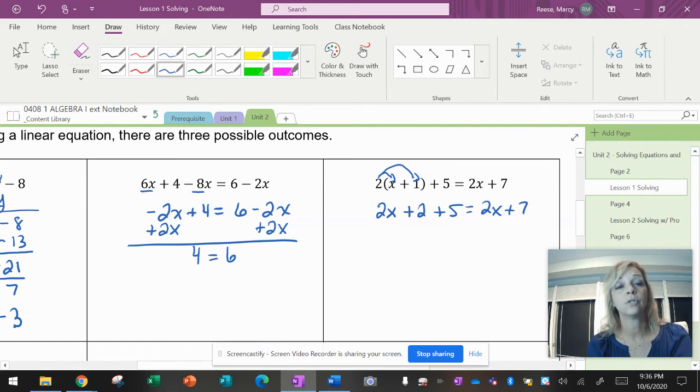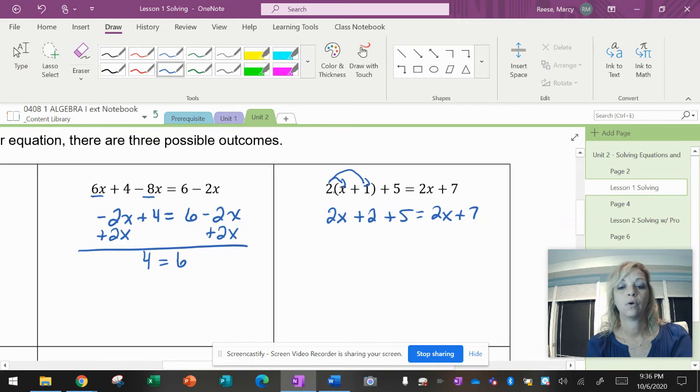You have to do the distributive property to get rid of the parentheses. The 2 has to go to everything inside. Once I distribute, I drop the parentheses, then combine like terms. I've got a 2 and a 5, which end up being 7. Now I've got 2x plus 7 equals 2x plus 7.